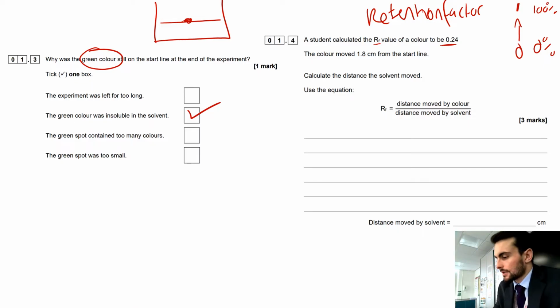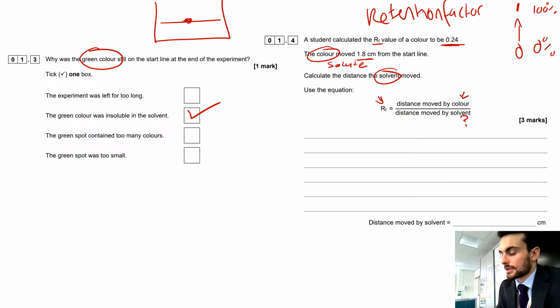So the RF value of this colour was 0.24, travelled 24% of the way up the solvent line, and the colour moved 1.8 centimetres from the start line. So talking about the colour, which is the solute, and we'd be given the RF value. Calculate the distance of the solvent, right? So we're given this and we're given this and we're trying to work out this. If you're good at algebra, you can just rearrange it and then chuck in the numbers, but I would put the numbers in first and then rearrange it.